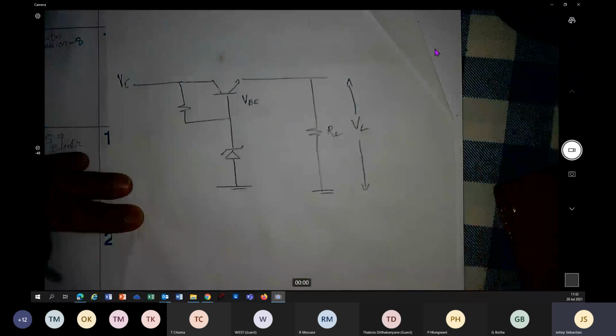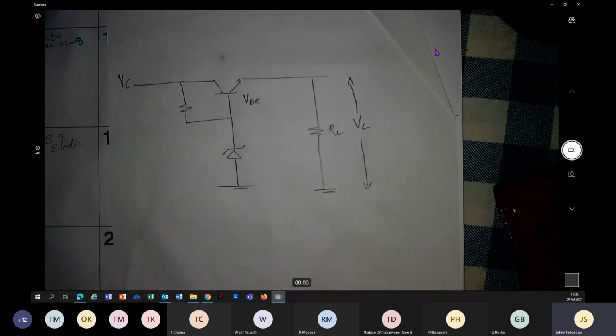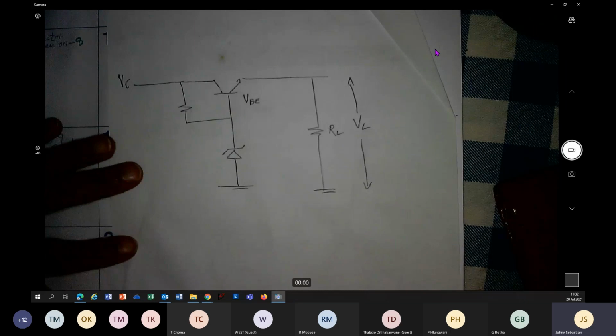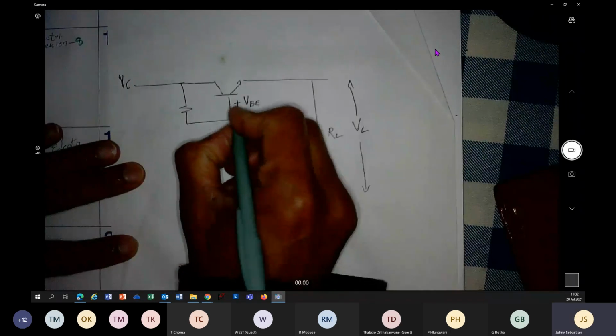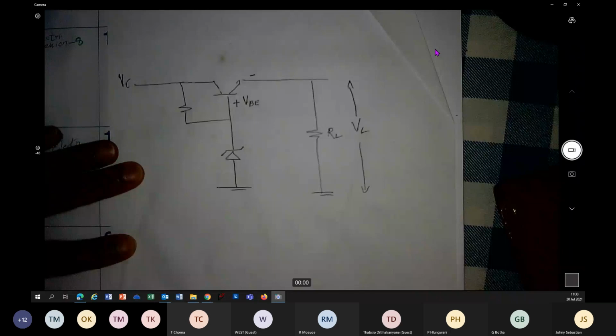This is an NPN BJT. For an NPN BJT to conduct, base needs to be higher potential with respect to emitter. Agreed?